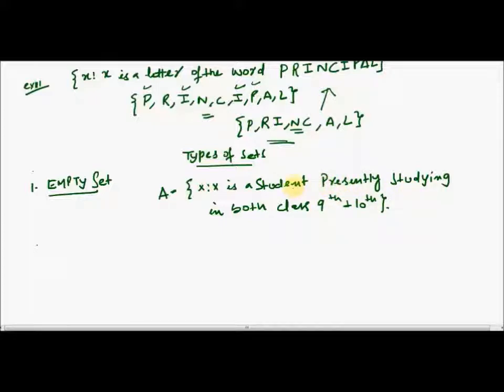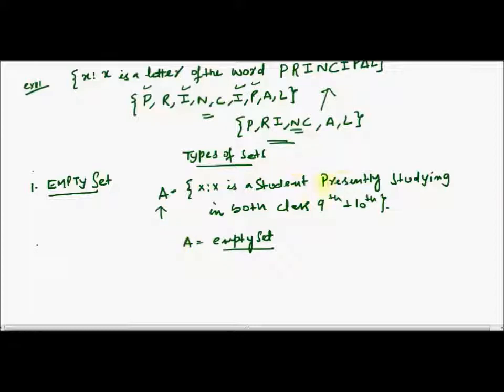Now we know that a student can't simultaneously study in both the classes. So obviously A will not contain any element in it. So A is nothing but an empty set, right? It doesn't contain any element, so it is an empty set.